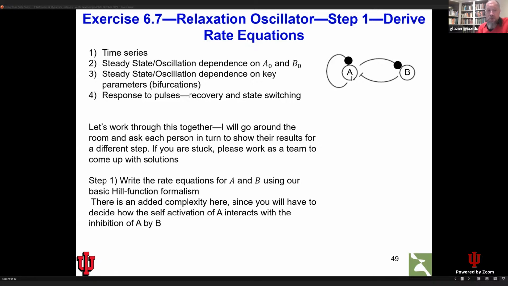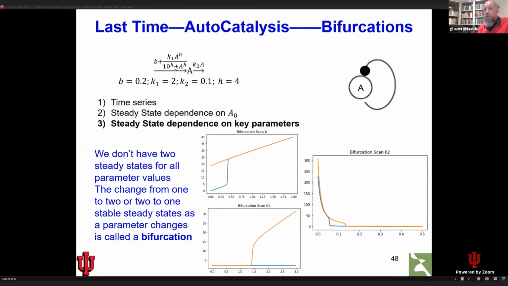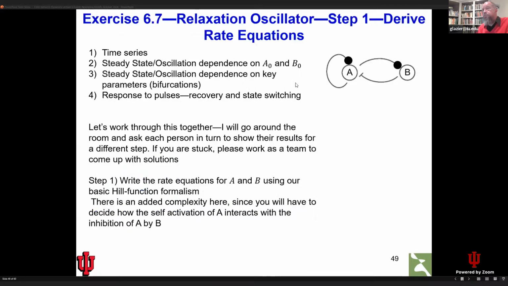The way I would recommend doing this is starting out writing just A. A activates A. And we just did that one. We have the equations here for that, so you could pull that. And then A activates B, you'll do the same thing, so you can write the equation for that. And then you can write the form for B inhibits A, the Hill function.